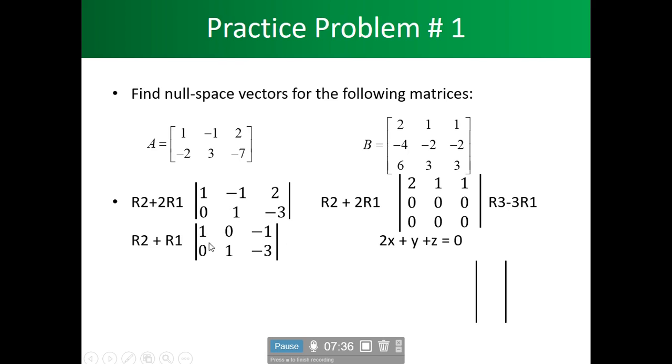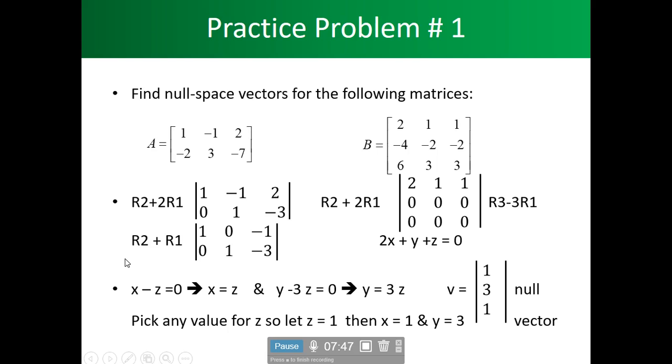So now we have what? 2 zeros, and we have 1s. Okay, so we have these 2 zeros, which are very important for us. Okay, so the equations that we have here says that this is x minus z equals 0. So that means that x equals z.